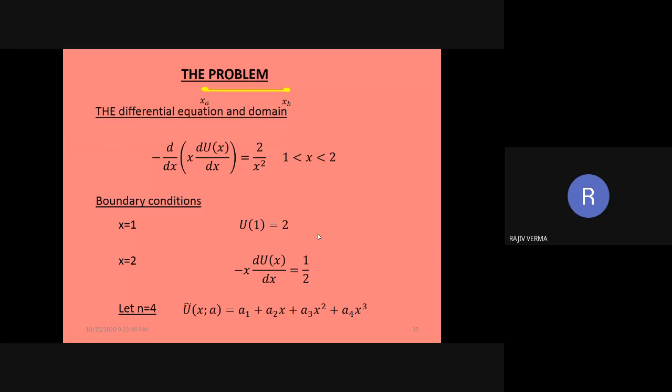Now the trial function which you have chosen happens to be a cubic polynomial, and I'm going to illustrate now the solution procedure for the problem on display. We have the cubic polynomial written in yellow somewhere at the top. It is written in yellow because it has been carried forward from the previous exercise.